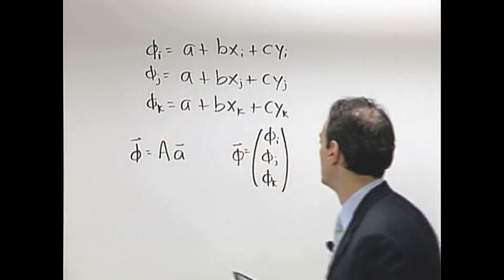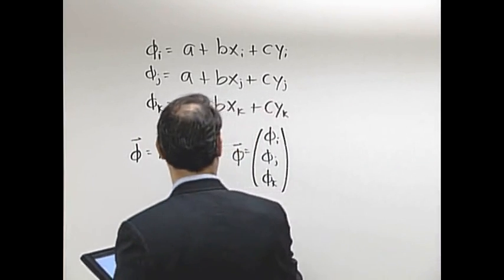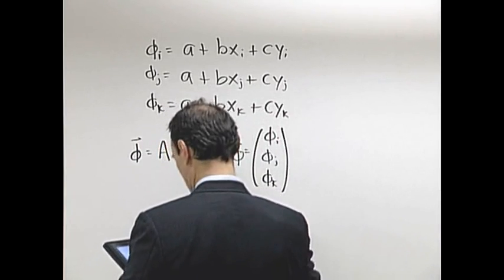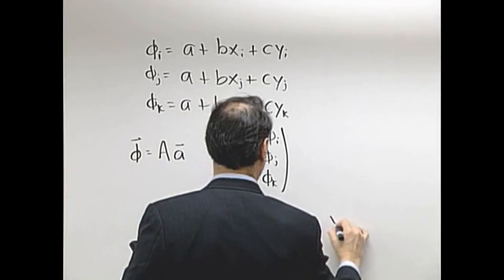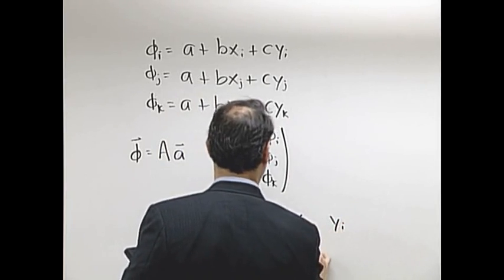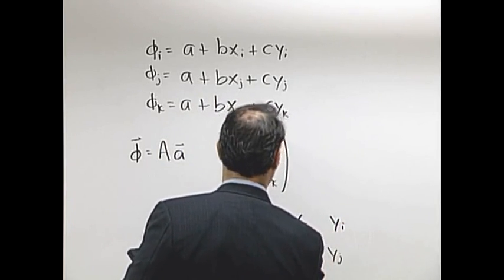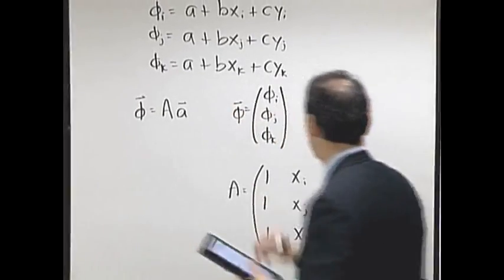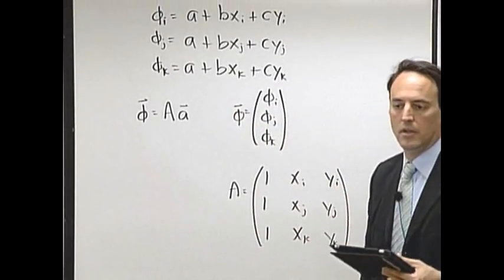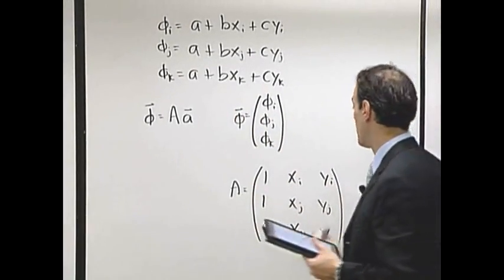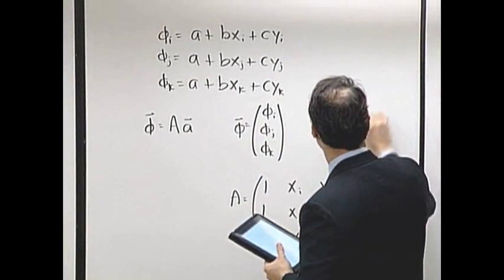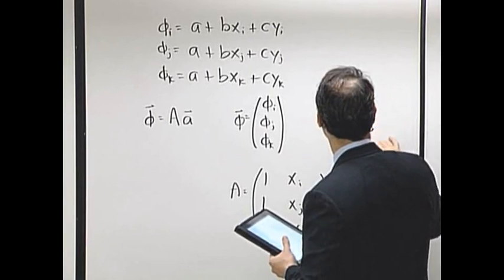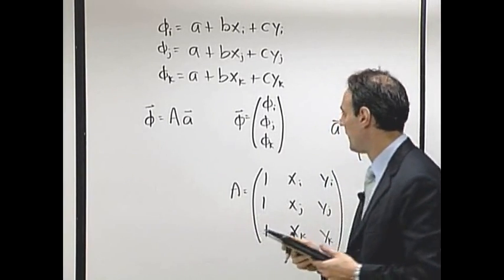There they are. The matrix A will be my x and y values, and my unknown A will be A, B, C.